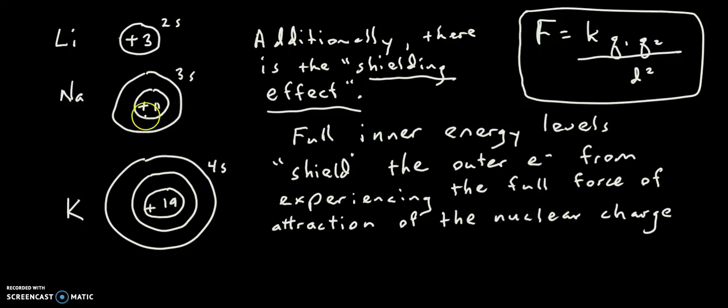For example, sodium or potassium has a couple of layers of inner electrons that are full. Those shield the outer electrons from experiencing the full force of attraction of the nuclear charge. And since the nucleus is being slightly blocked, the overall force of attraction lessens, and we see a decrease in the amount of ionization energy required as we go down the periodic table.